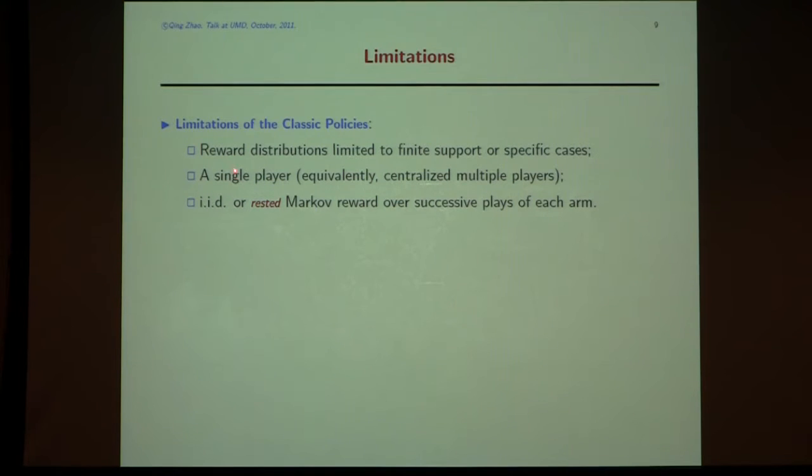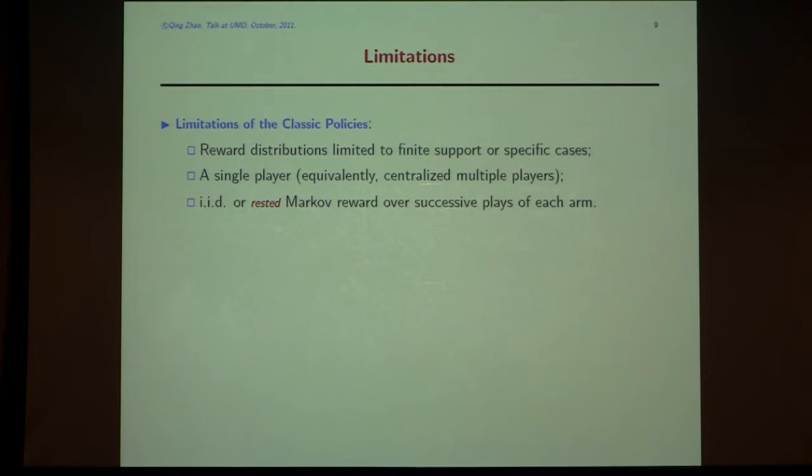First, the classic policies require the reward distribution to have either finite support, or if it has infinite support, they only work for specific cases like Gaussian, exponential, Laplacian, etc. Also, the classic results consider only a single player, which is equivalent to centralized multiple players.